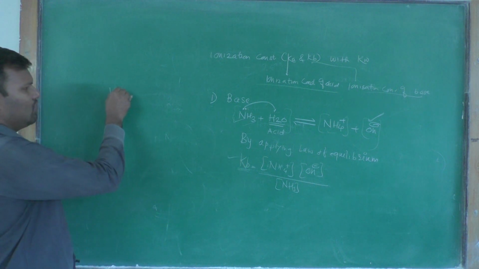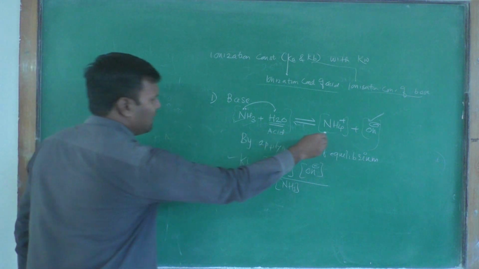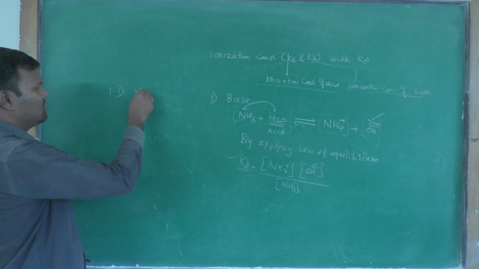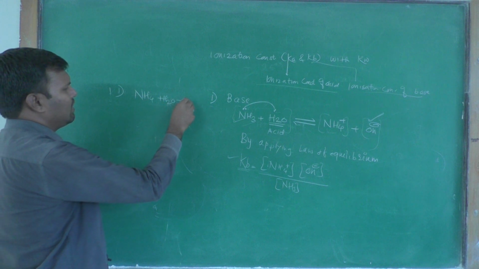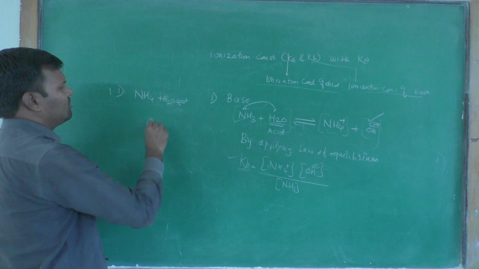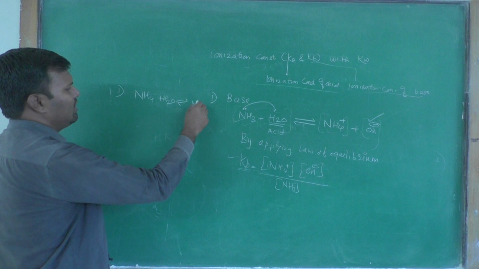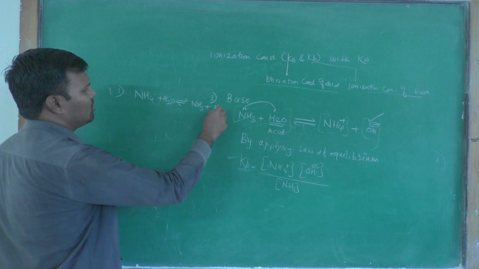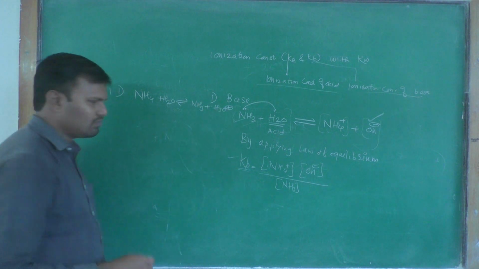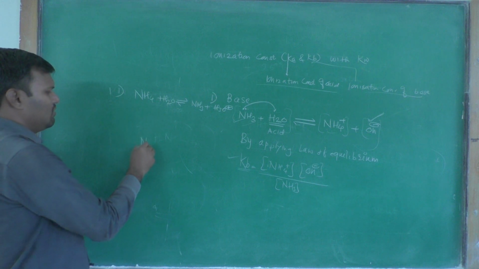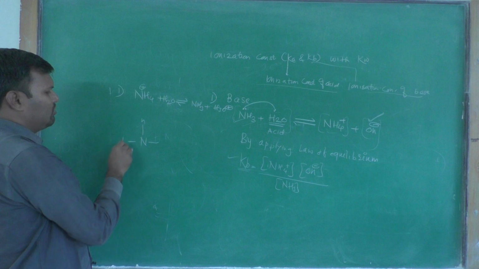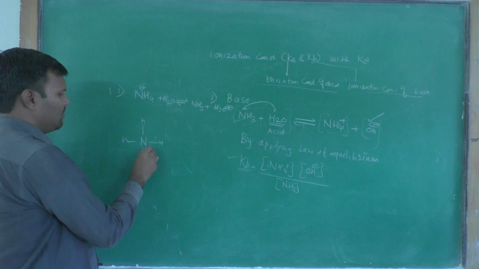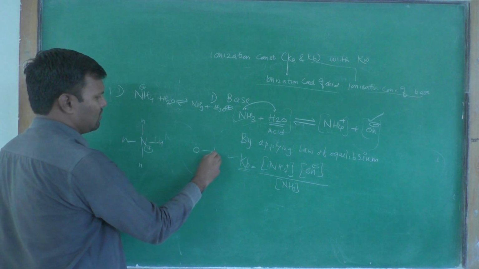Then for the acid: NH4 plus acts as an acid when we add water, and water acts as the base in this case. Therefore we get NH3 plus H3O plus. NH4 plus has hydrogen, and water has a lone pair.